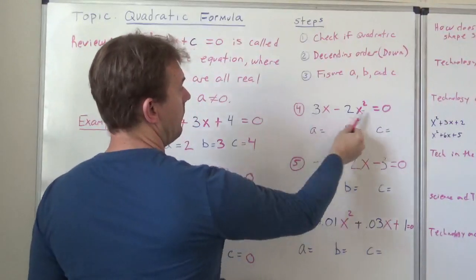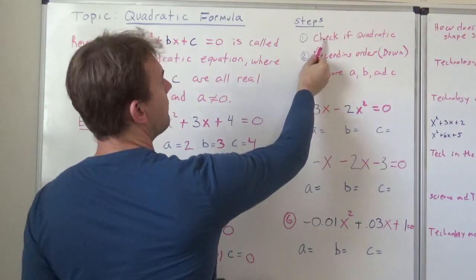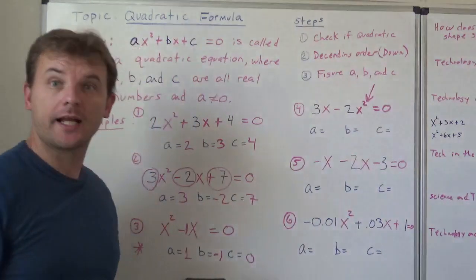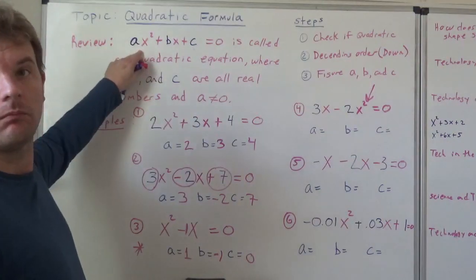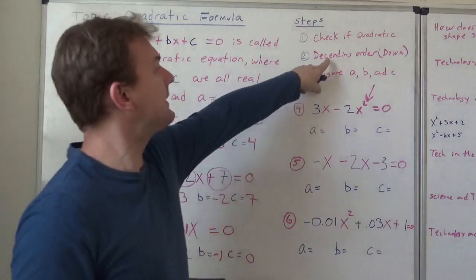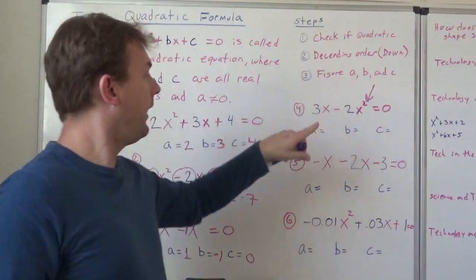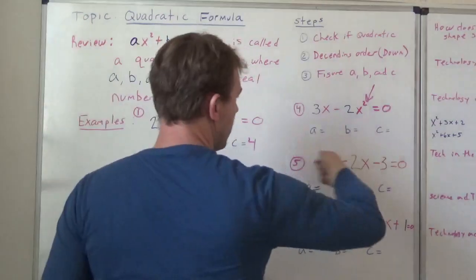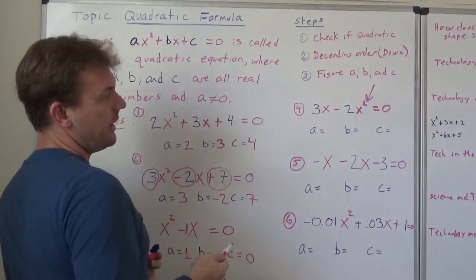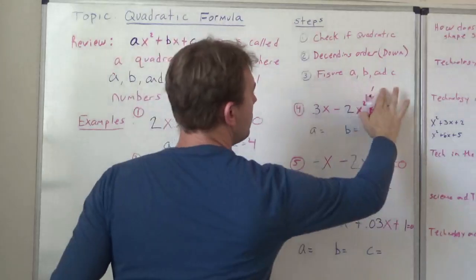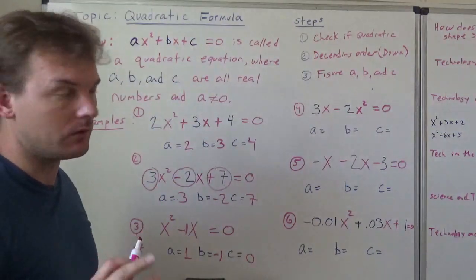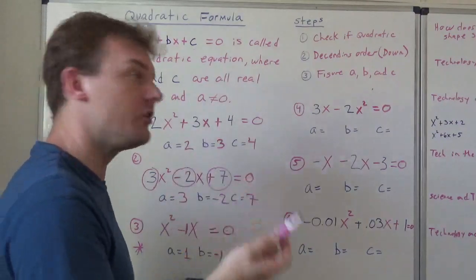Look at number 4. Check for quadratic. I have quadratic, so that means it's quadratic because it's squared. However, is it in descending order? This one is not descending order. So we're going to change things around. You can change things around, or you can actually pick out a, b, and c if you want to, but I prefer you put it into order just to help you out.